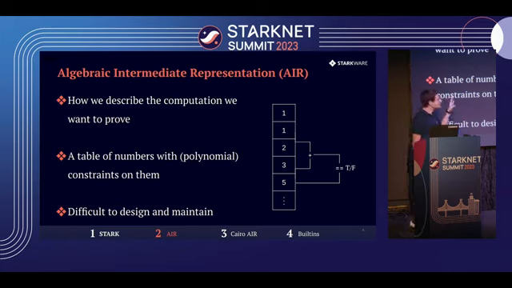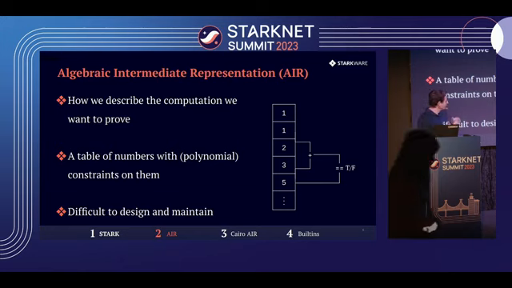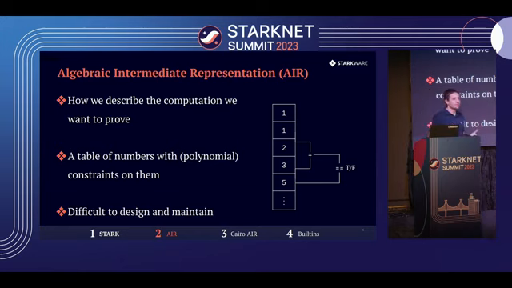Now, while this AIR is relatively simple, usually AIRs are much more complicated, and it is very difficult to design an AIR for an actual computation that you want to prove. Again, maybe for the Fibonacci case it's simple, but in general it's not.